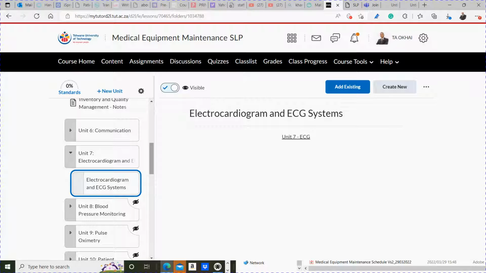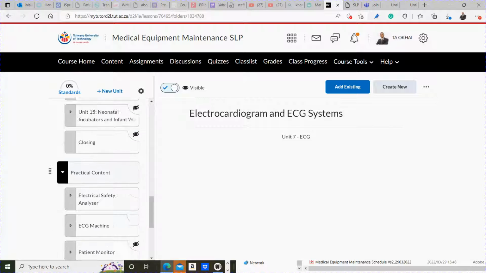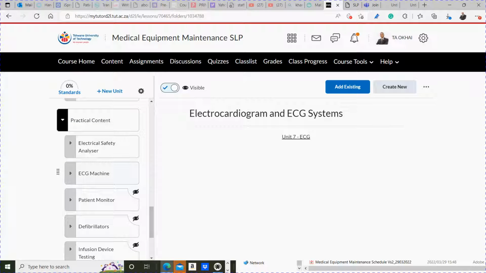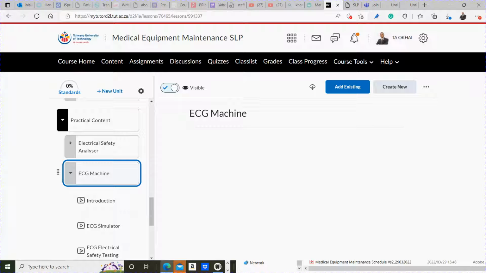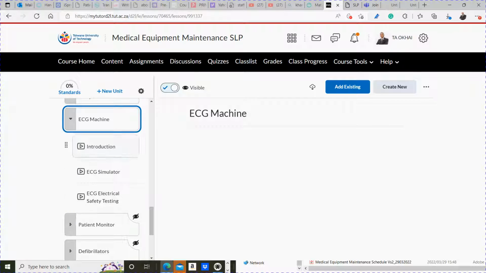Now, there's a practical content for ECG. And if you go to the practical section, you will see the ECG machine, 3 videos, introduction to the ECG equipment, ECG simulation, how you connect your ECG simulator to the ECG machine and do all your tests.